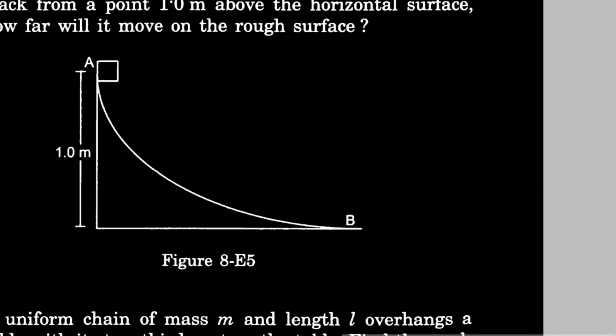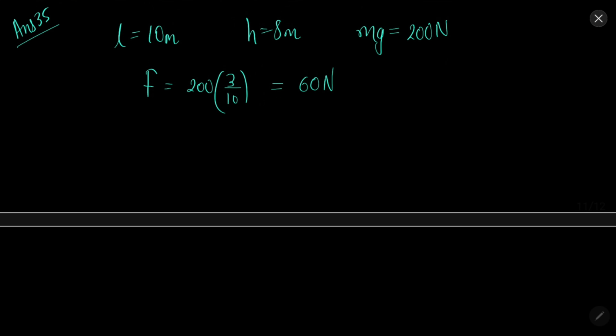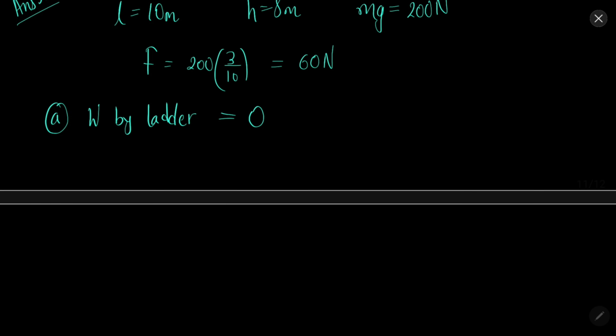So displacement 10 meter, L 10 meter, height h 8 meters, then weight is 200 newtons, and 200 into 3/10, 60 newton. So first situation, work done by ladder will be 0, because work done is done by the boy, not by the ladder when he goes up.